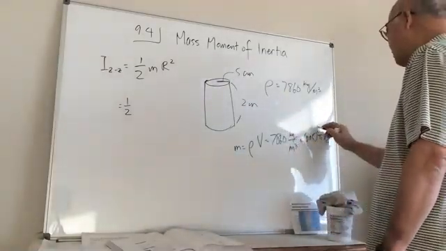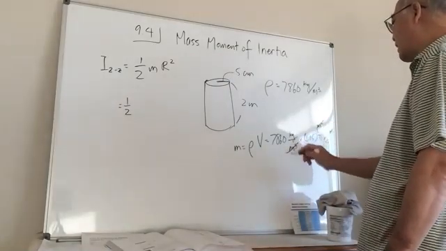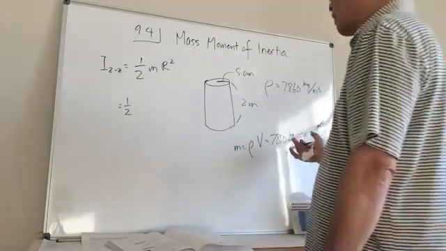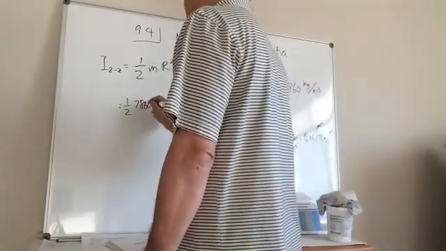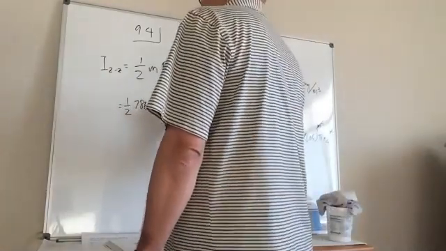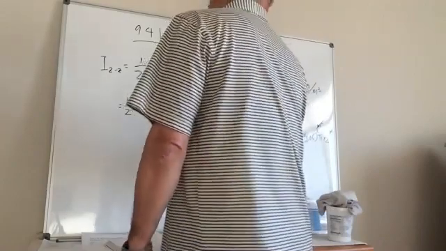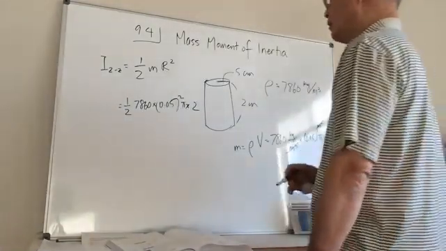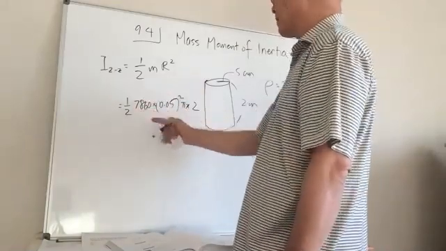You have meter squared here and meter here, so these three cancel out, and you end up with kilograms, which is what you want. So it's 7860 times 0.05 squared pi times 2. This is the mass, that is m.